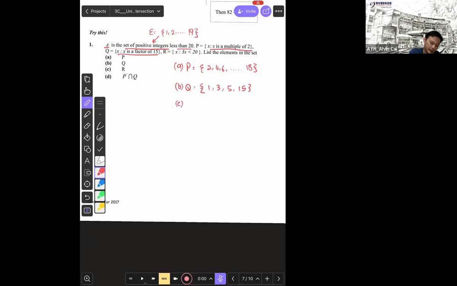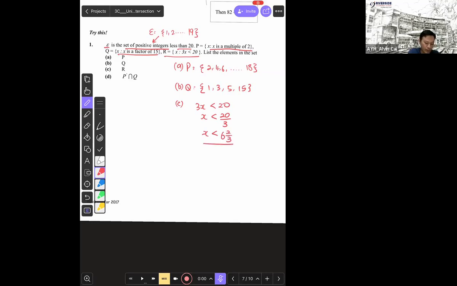Okay, so part C, set R. They give us an inequality, so we will need to solve the inequality. 3x is less than 20, so x is less than 20 divided by 3. If we break this down further, this number is 6 and 2/3.